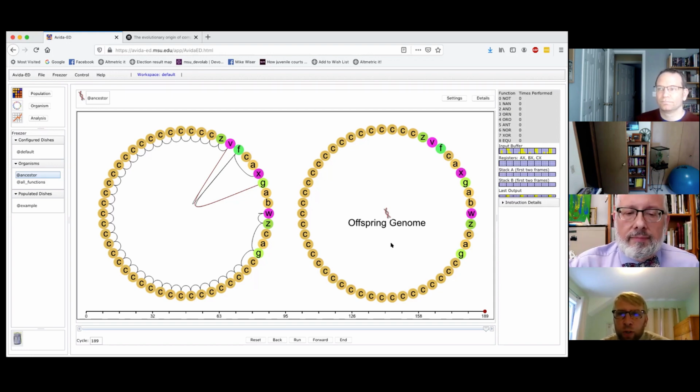And when I was playing around with it, I picked the NAND and the AND. And one thing I found was that the OR NOT function, ORN, seems to happen a lot faster than AND does.